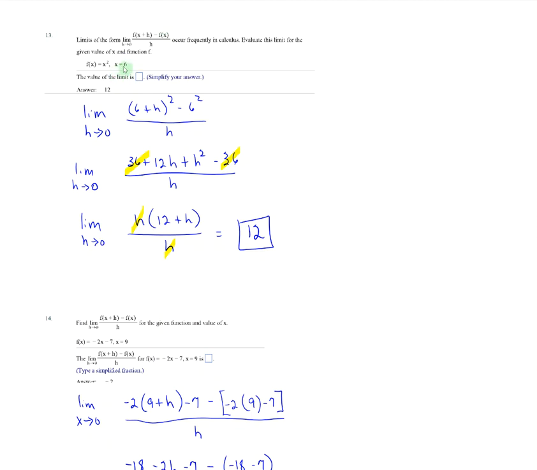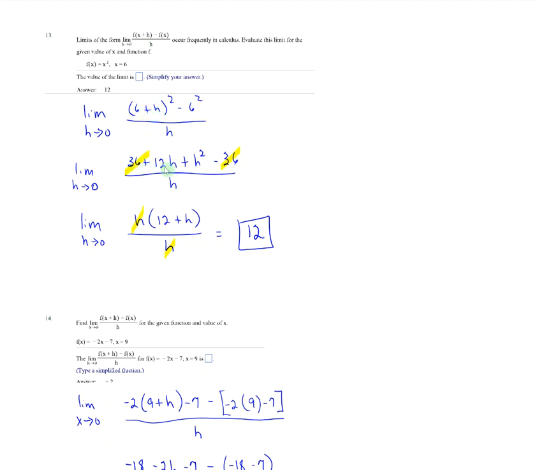And this x happens to be 6. So we'll say limit as h approaches 0. We'll put in 6 plus h squared because that's our f of x minus 6 squared over h. So this is the form that we're doing. Hopefully that makes sense.